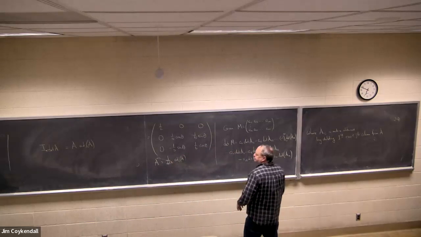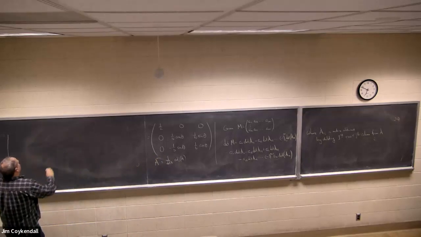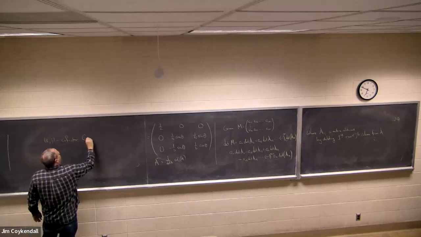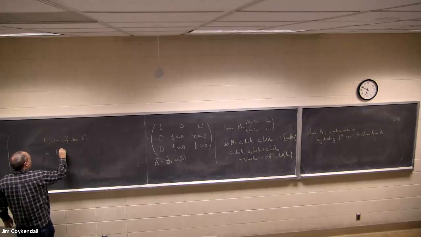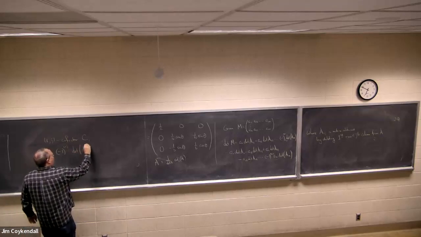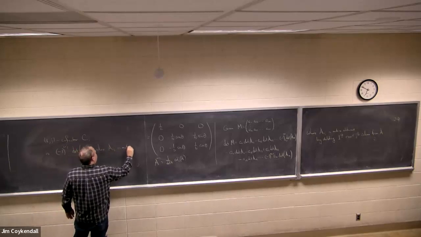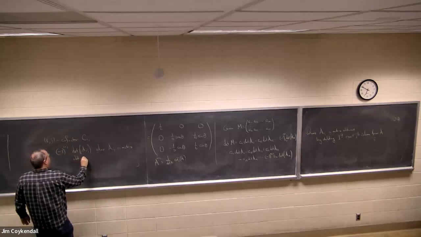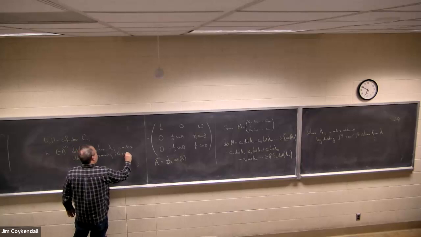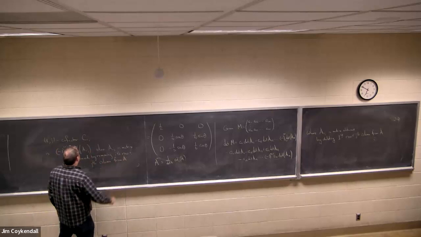The ij cofactor, Cij, is -1 to the i plus j times the determinant of Aij, where Aij is the matrix obtained by removing the ith row and jth column.